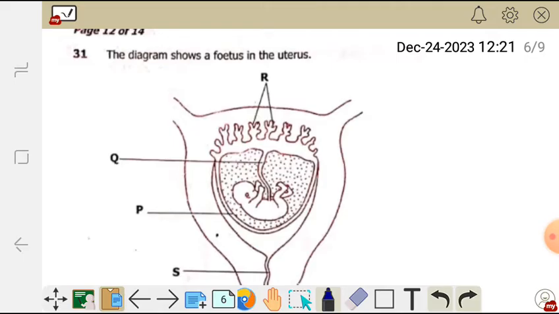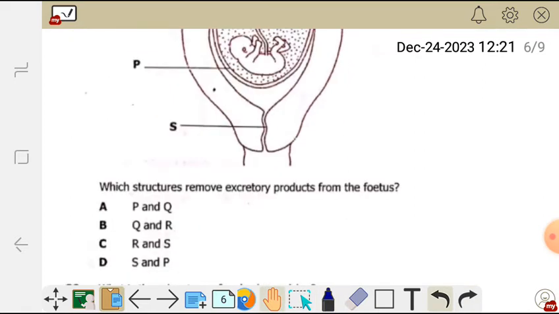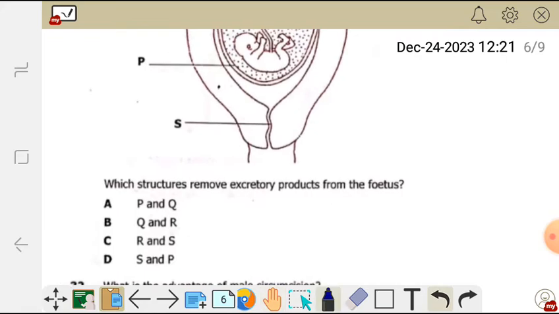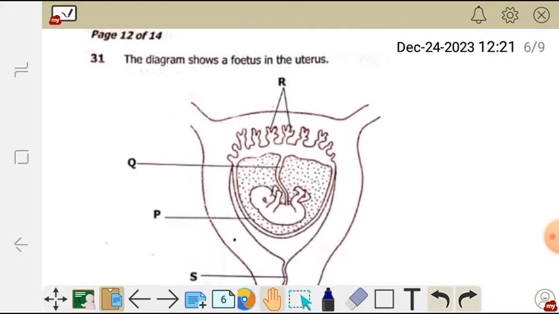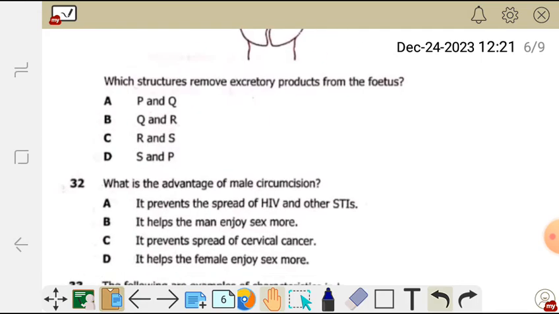So here the structures involved in excretion are the umbilical cord and the placenta. So that is Q and R. So Q and R is B. B is the correct answer for question 31.